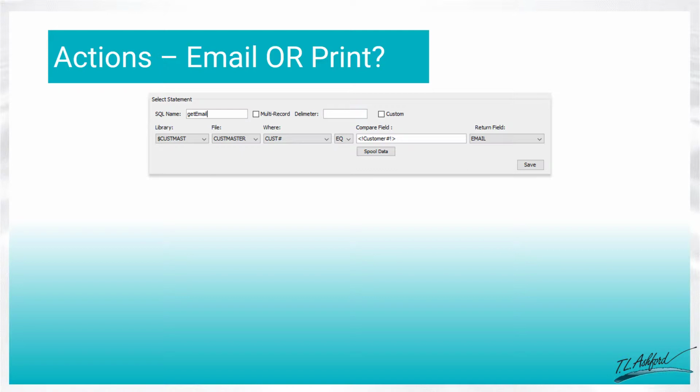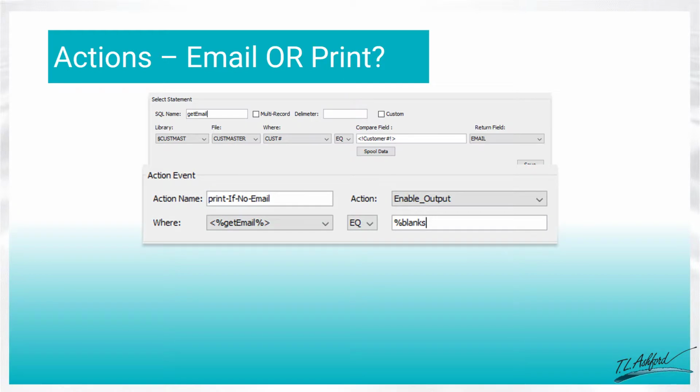So a get email, we go out to the customer master, we find the appropriate customer number, and if we find an email address, what we could do is create an action that prints if there's no email address. So we create an action, print if no email, and what it does is it enables output. It enables printing when our SQL statement, get emails, comes back as blanks.